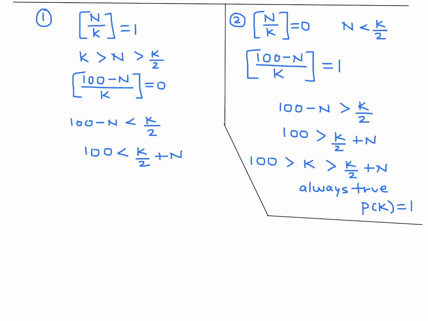And let's take into consideration this inequality. So that means 100, which is less than k over 2 plus n, is also less than k over 2 plus k, right? Because n is less than k. And this, of course, is 3k over 2.